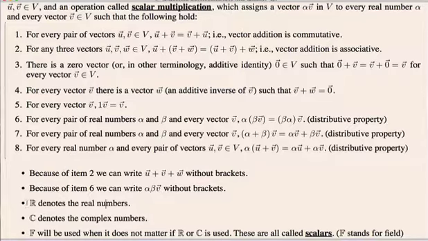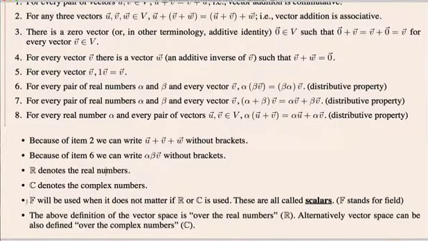So throughout the semester, we will use the notation boldface uppercase R for real numbers, boldface uppercase C for complex numbers, and then we will also often use the boldface uppercase F in those cases when it doesn't matter whether we use real or complex numbers.